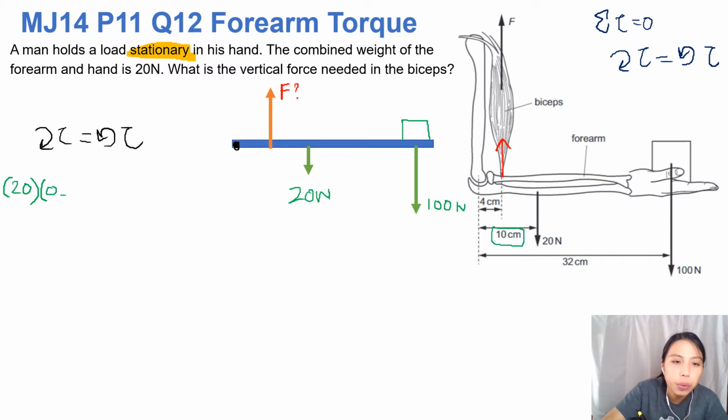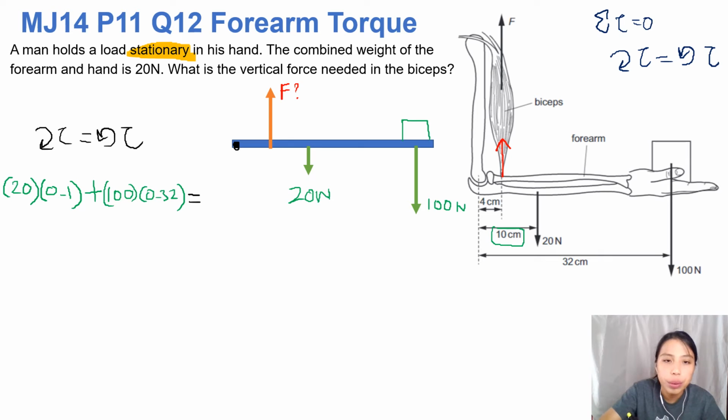So 0.1 meters. Okay, what else? There's another one. The 100 newton from the load, the box that you're trying to carry. And how far is the entire forearm? 32 cm. So 0.32. That equals to anti-clockwise. We don't know what that is.